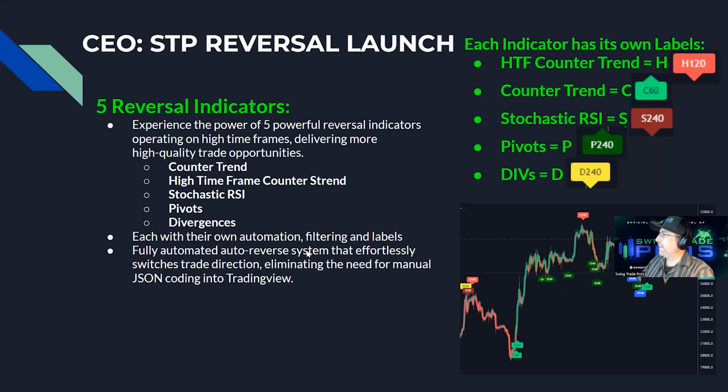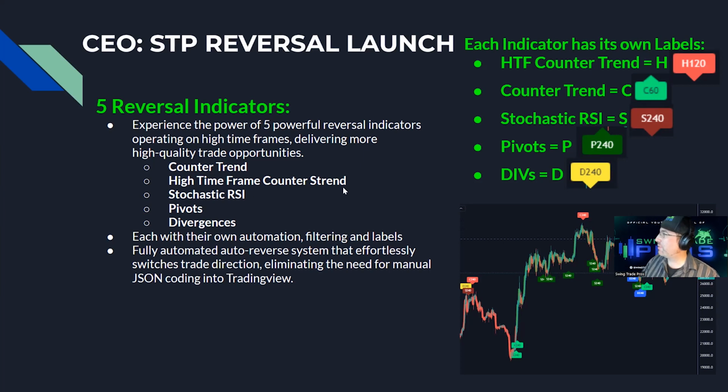All right. So in total, it's not just the node mode that we have. We have 5 indicators included with STP reversal, and it's just incredible what you can do when you implement all these. And again, this is about getting those high quality, high probability trades.